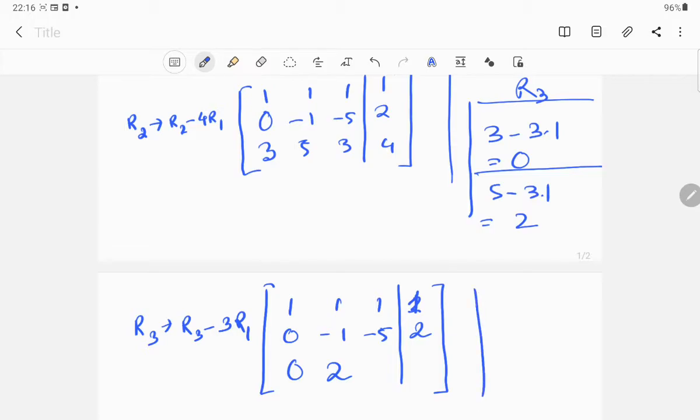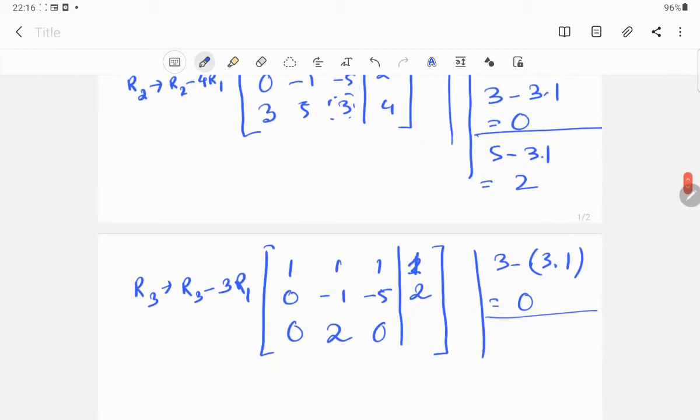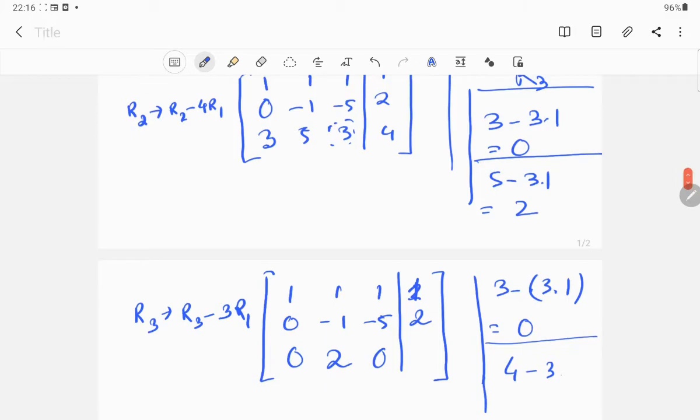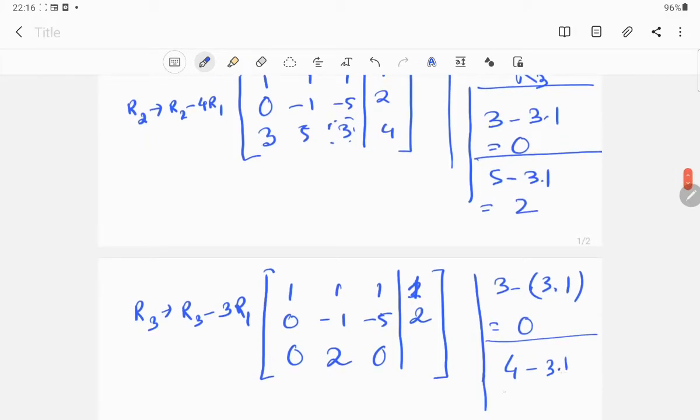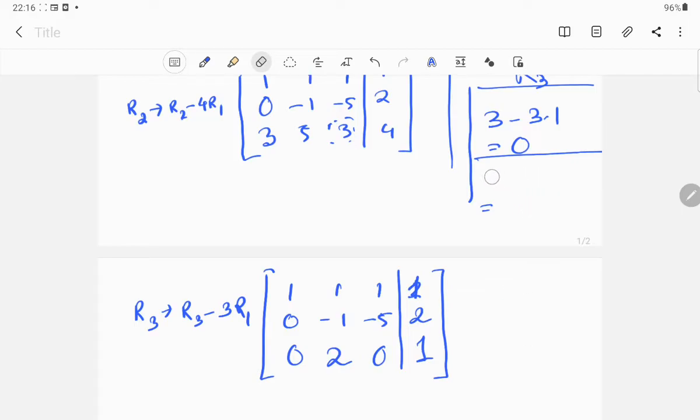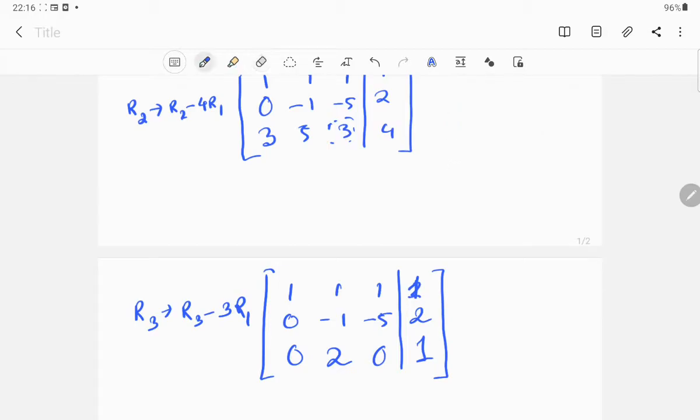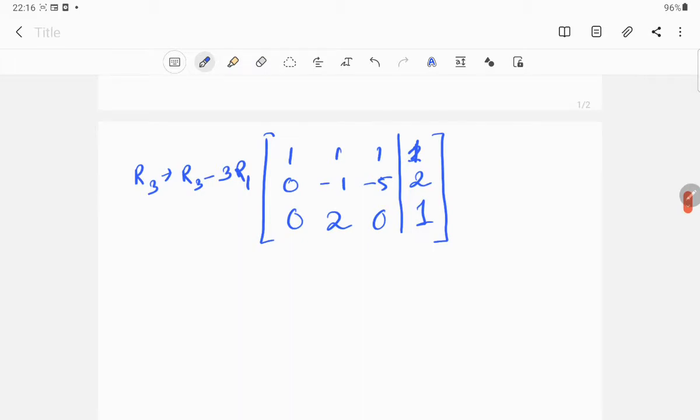Next, 3 minus 3 into 1 is equal to 0. And next, 4 minus 3 into 1 is equal to 1. So this is what we have now.